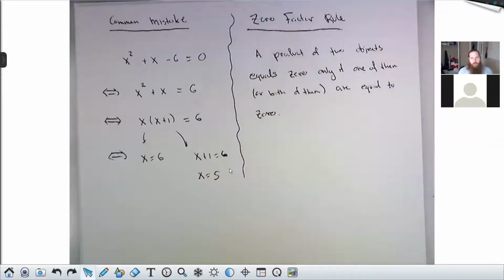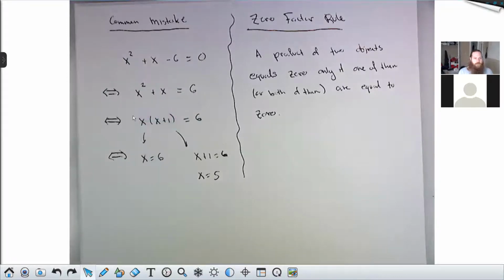So the statement on the right here is the thing that we use after we factor to set each factor equal to 0. The problem is, if you have two things multiplying to equal 6, nobody said that means one of them has to be 6. There's lots of ways to have x times x plus 1 equals 6 that have nothing to do with x being 6 or x plus 1 being 6.